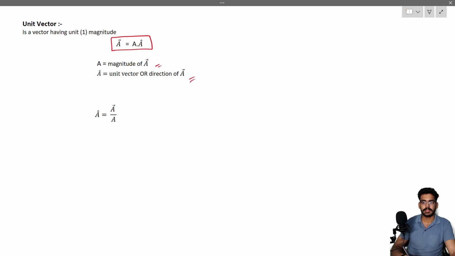If you divide by the magnitude on this side, you get A cap. So if you want to calculate the unit vector of any vector, you divide that vector by its magnitude and you get the unit vector. We are going to see questions on the basis of that later on. For now this is how we define a unit vector.